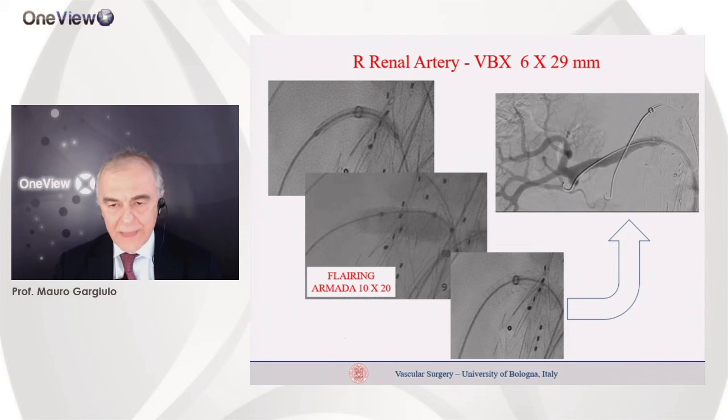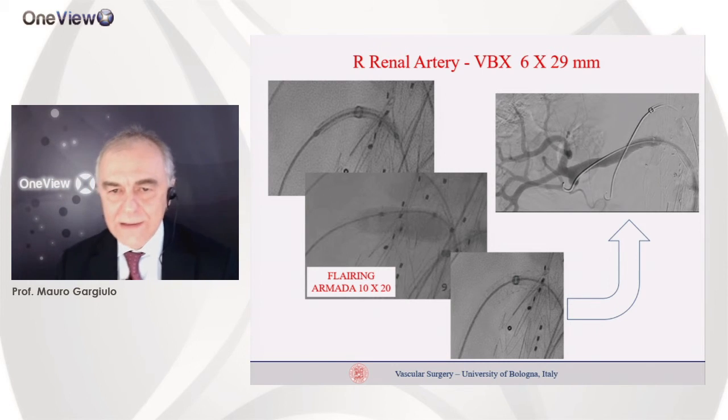We have the endograft with fenestration, and then we need flaring in this stent graft. You can see the procedure regarding the right renal artery with this VBX 6 to 29.